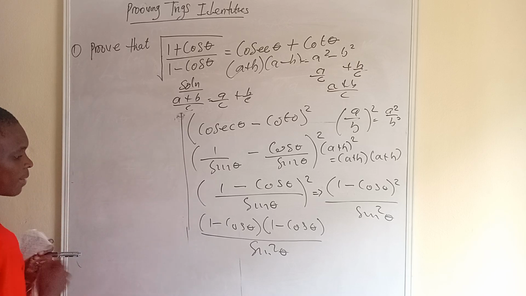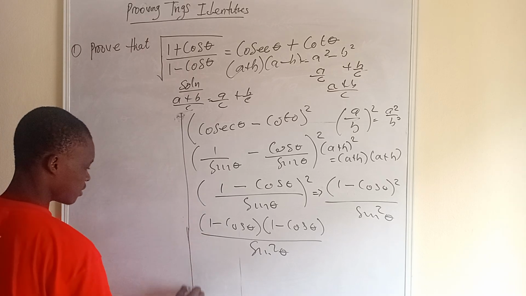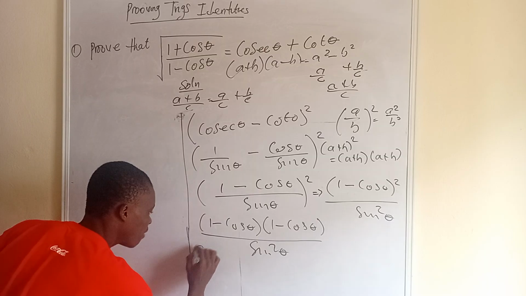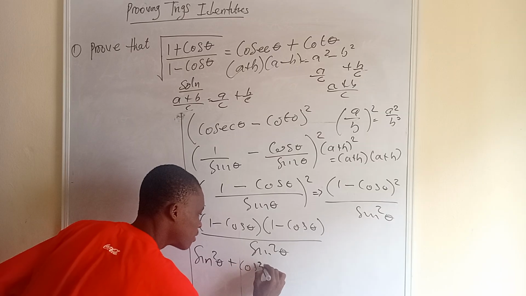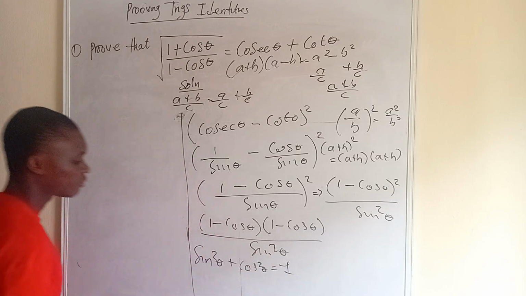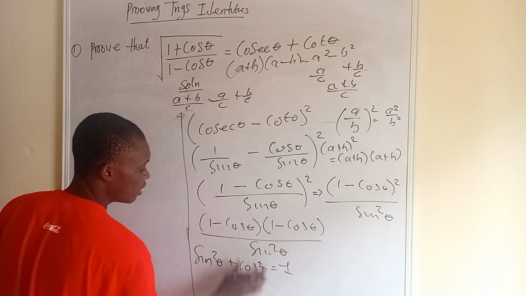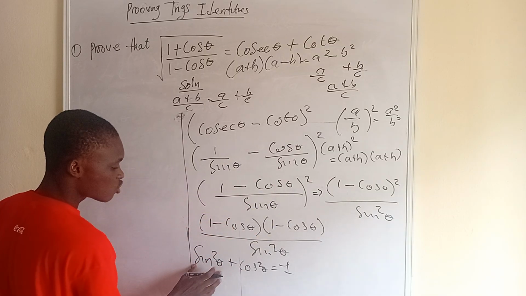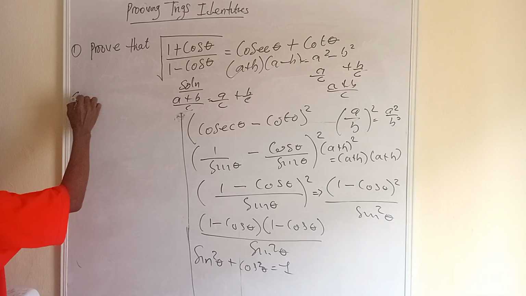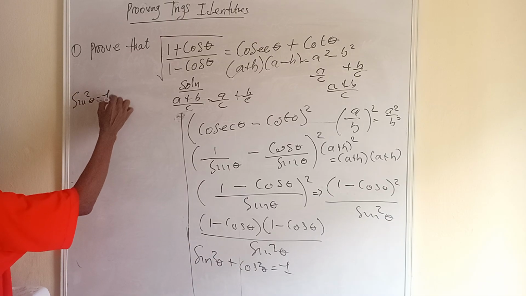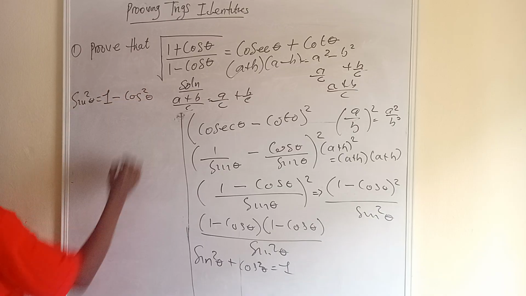So remember this nice property. You see that if we have sine square theta plus cos square theta, the result is 1. So we are taking cos square theta. Let's make sine square theta the subject of the formula. So if we make sine square theta the subject of the formula, we'll have that sine square theta equals 1 minus cos square theta.